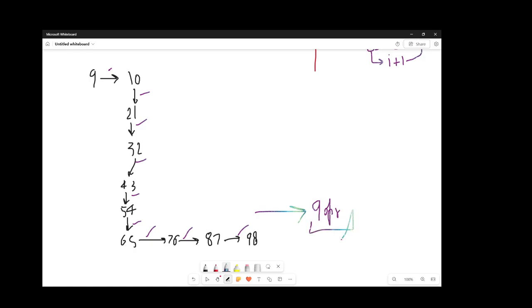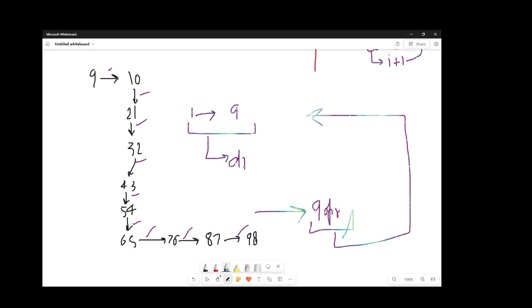So what we can say here is that from operation 1 to 9, the number of digits that would be produced by number 9 would be dp of i, that would be 2. All right. Got it.